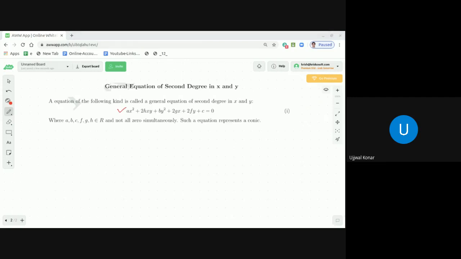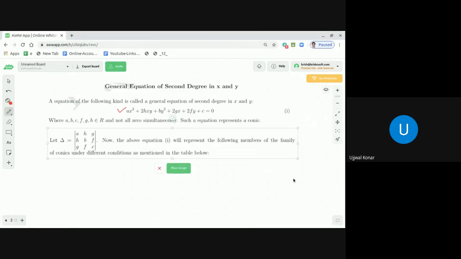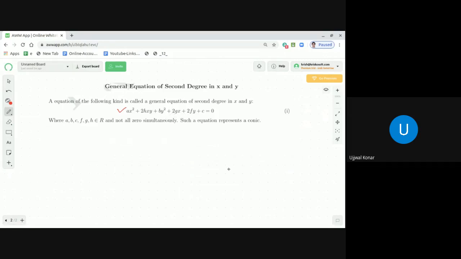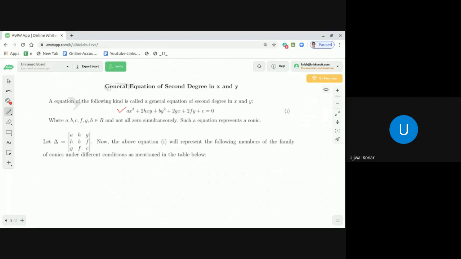The first one is that we find the delta, a determinant. How do we find the delta? We discussed in one of our previous classes that there is a determinant, with a style of writing it: A, H, G, H, B, F, G, F, C. Let me show you once more by writing it.